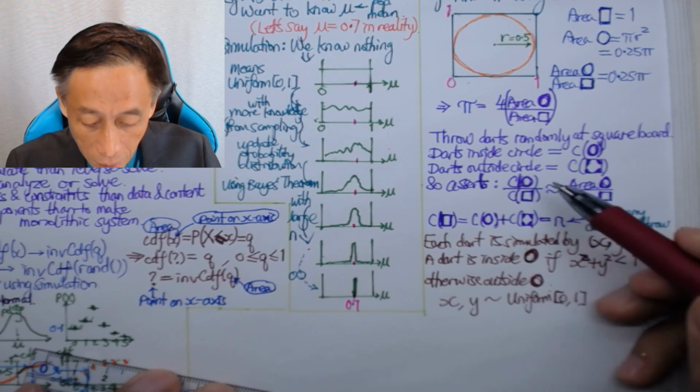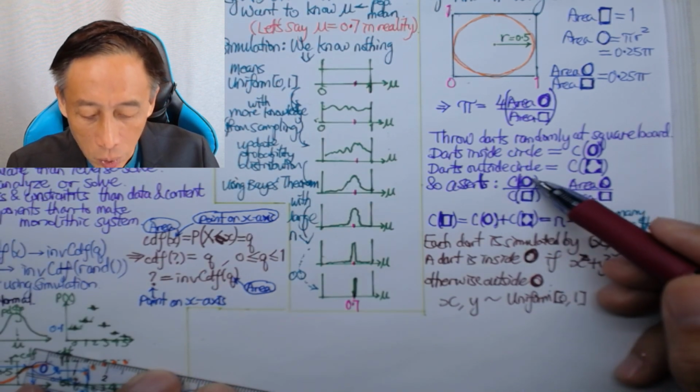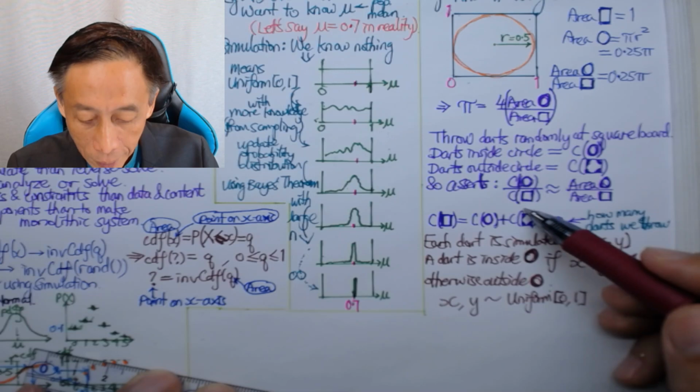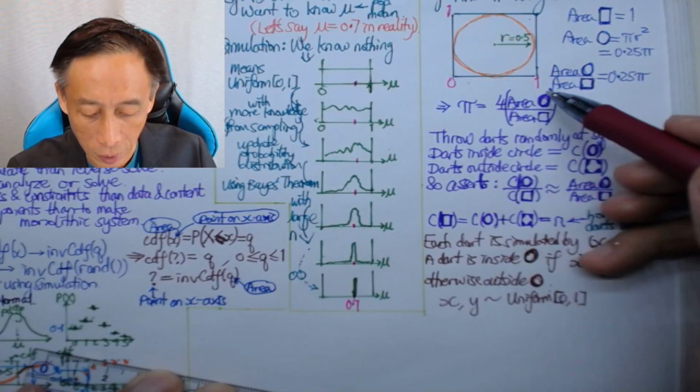So how does this work? Once we get C of circle over C of square, we can replace that with this bracket.